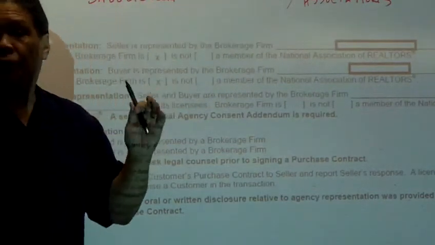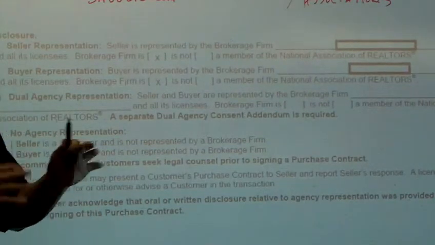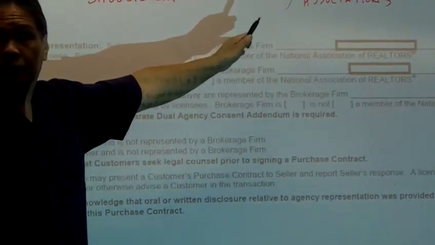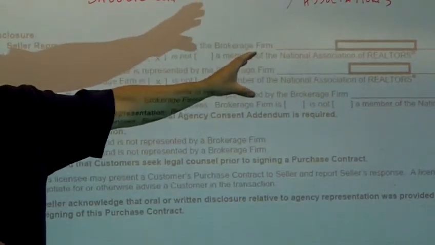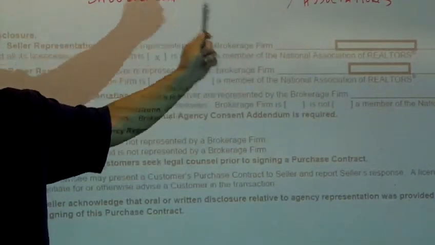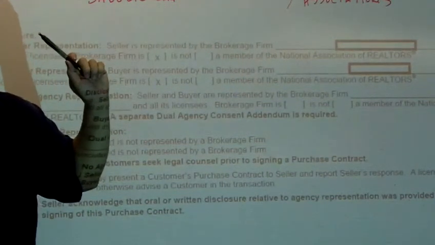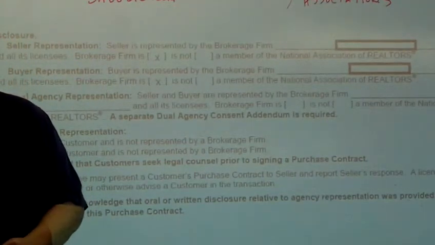So there are rules on who has to be a member. Because iNet Realty is an association member, then all of our agents under us are required. That's an association rule. It's not a licensing requirement, it's an association rule. They're two different things.